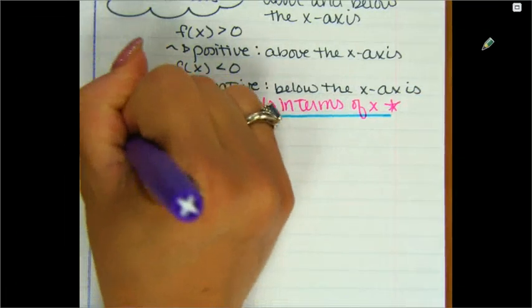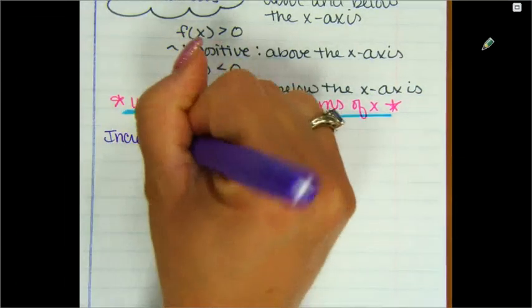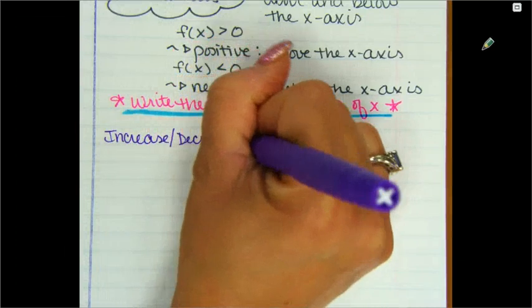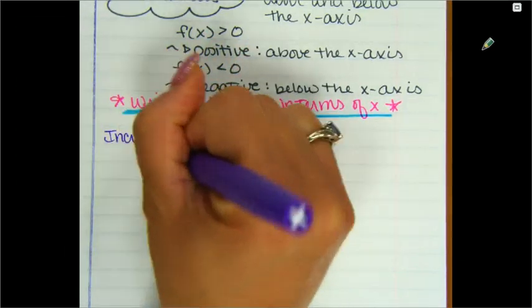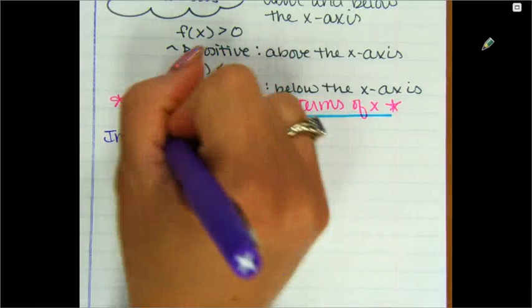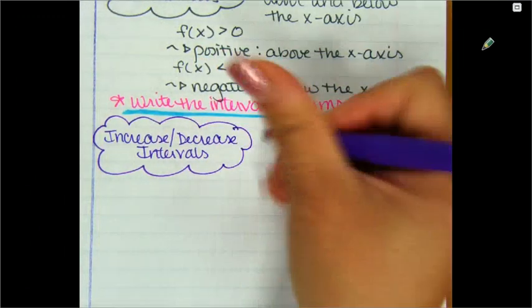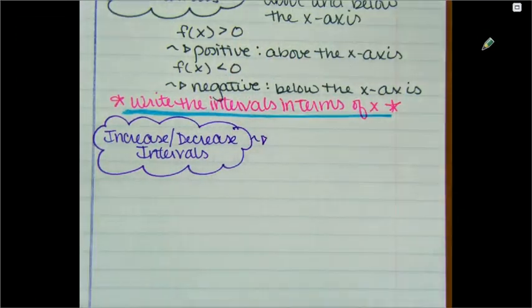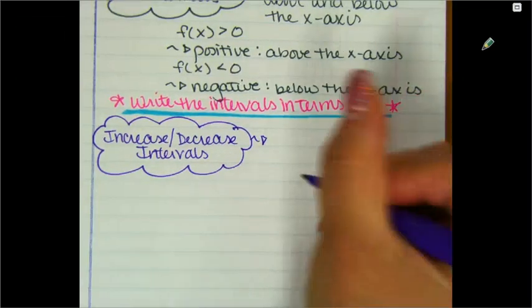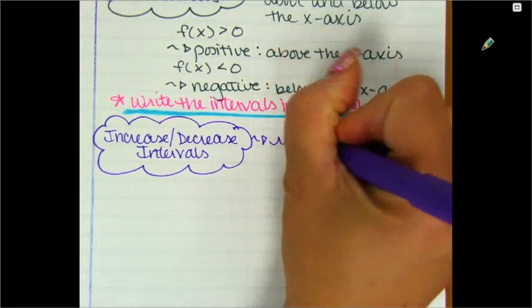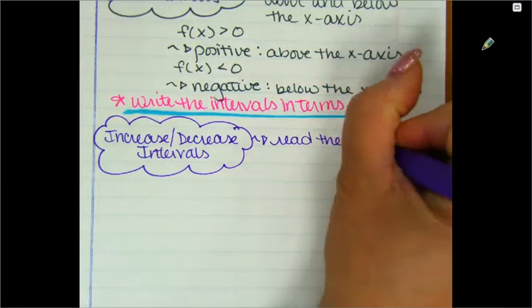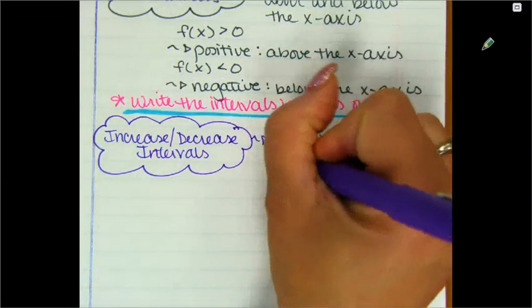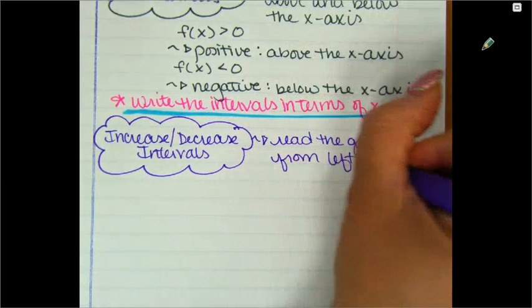The next thing we're going to talk about is increase or decrease intervals. We read the graph from left to right.